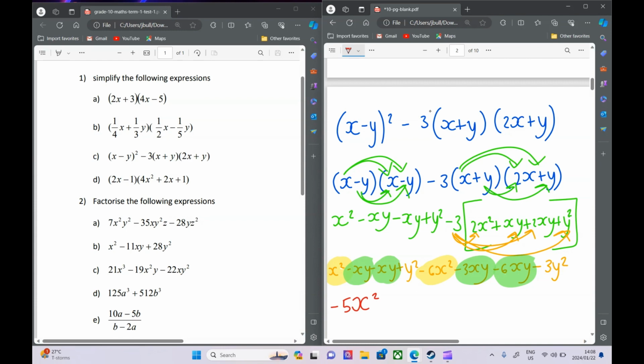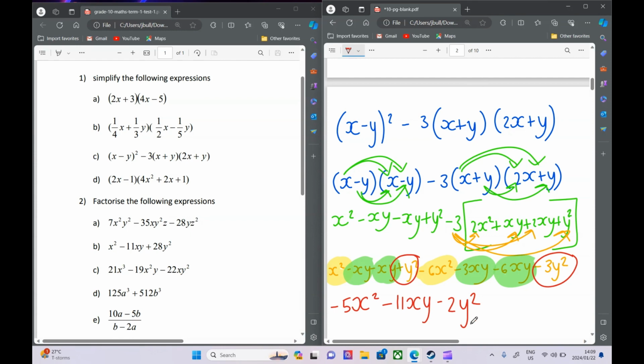Minus another 3 is minus 5xy. Minus another 6 is minus 11xy. And then finally we've got the y squared. So we've got plus y squared minus 3y squared. So 1 minus 3 is minus 2y squared. And that is then our final answer for that one. We can't simplify any further than that.